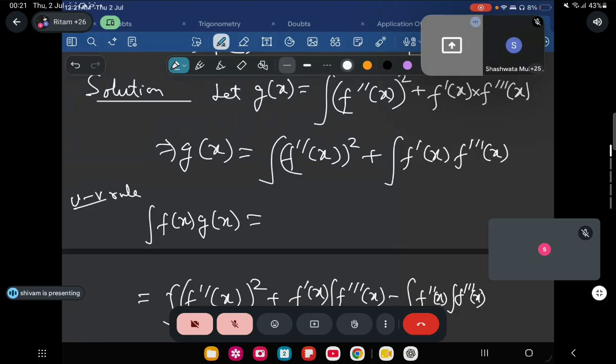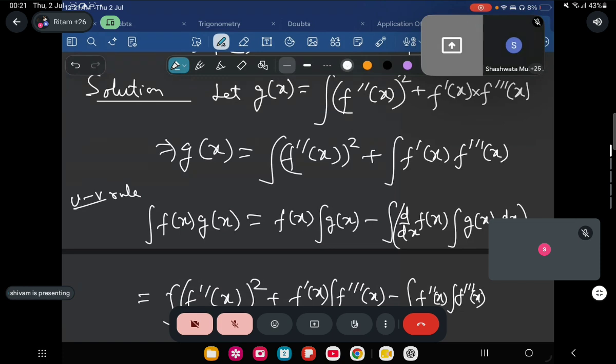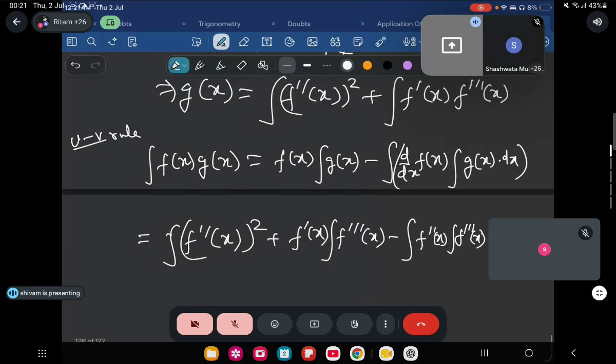So it will be equal to f of x into integral of g of x, minus integral of dy/dx of f of x into integral of g of x dx. Is it clear? Tell me, Shashwat. In the next chapter, I'm going to discuss this. But those who know, they know.